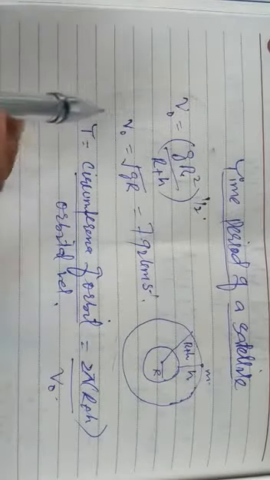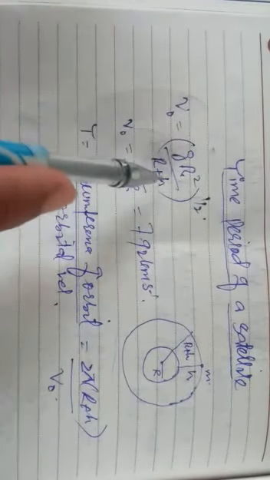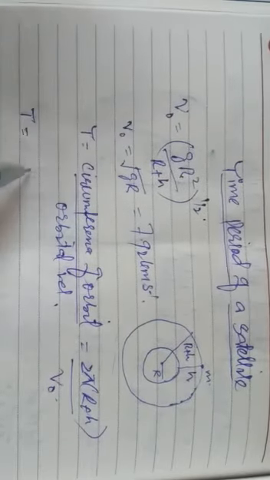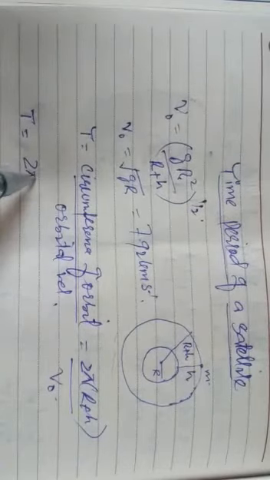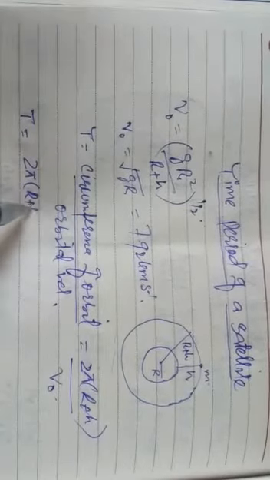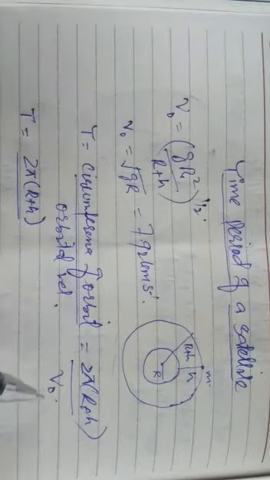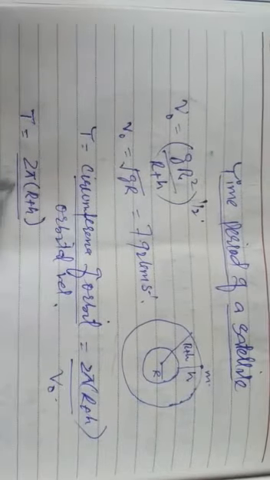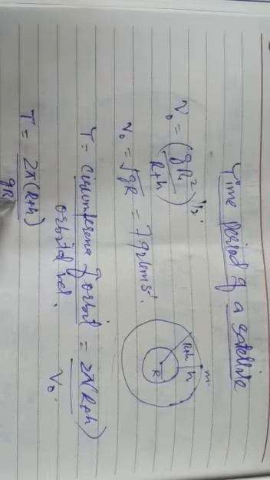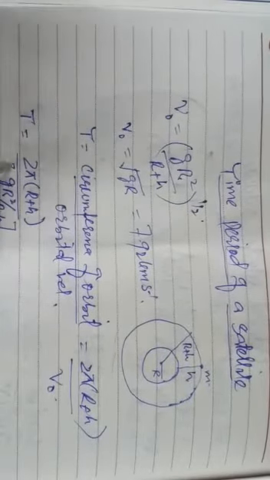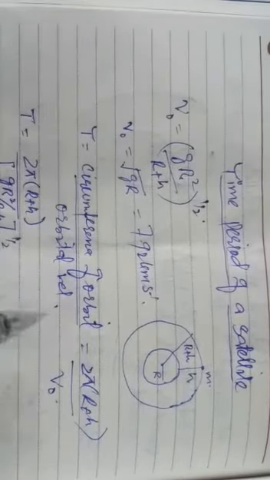But we know v0 equals (gR²/(R+h))^(1/2). Then T comes out to be 2π(R+h) over, instead of v0, we write (gR²/(R+h))^(1/2).